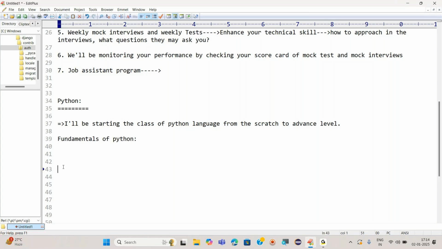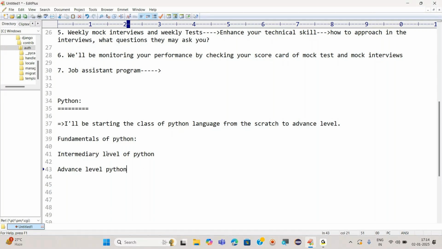And then we'll be seeing the intermediary level of Python, like what is a function, what are modules, and so many things. Then we will be seeing the advanced level of Python.